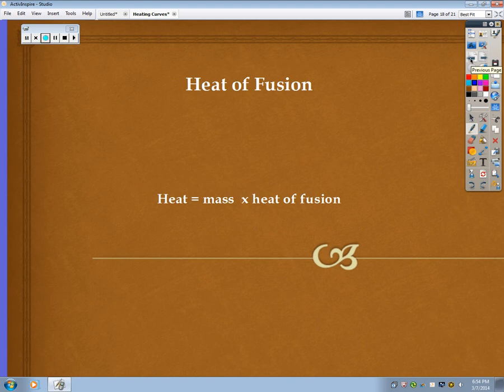So the heat of fusion can be given in joules per gram, or it can be given in joules per mole. So let's do one. Okay, so this is your equation, heat of fusion. How much stuff you have, the mass, times the heat of fusion. So this is Q, our good old friend Q, isn't it? Let me change my color.